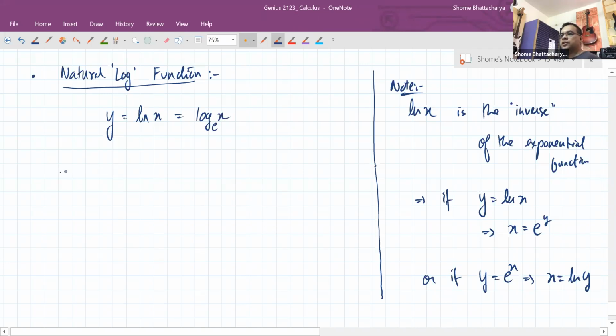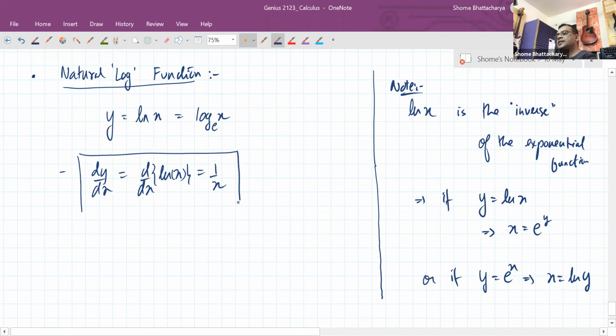Now this one has a property that the differentiation of this function is given by what? You people know this? 1 by x. So here as x increases, the derivative actually decreases. So this has the reverse property.